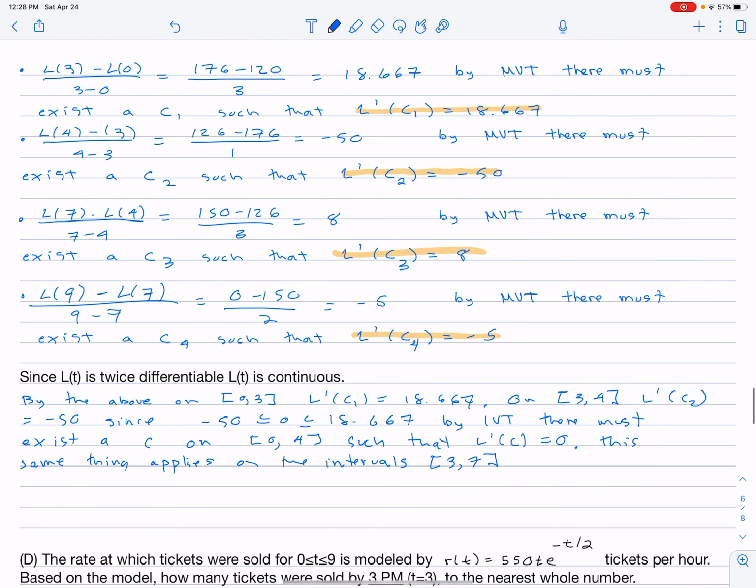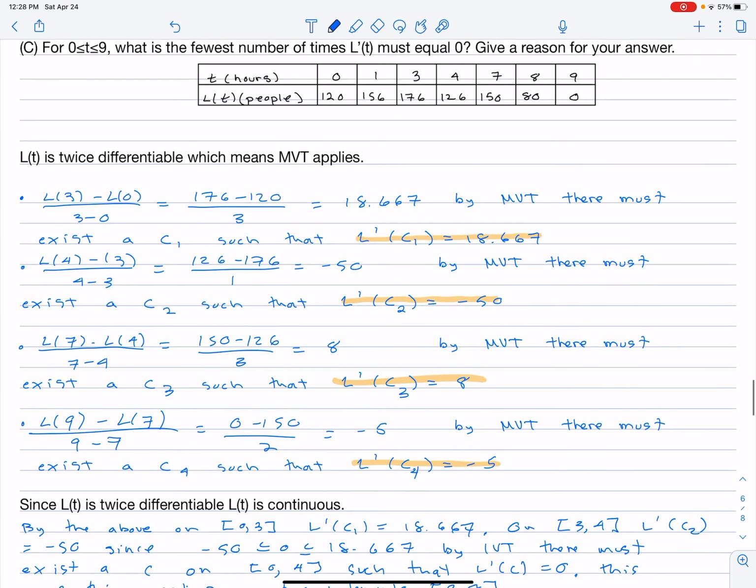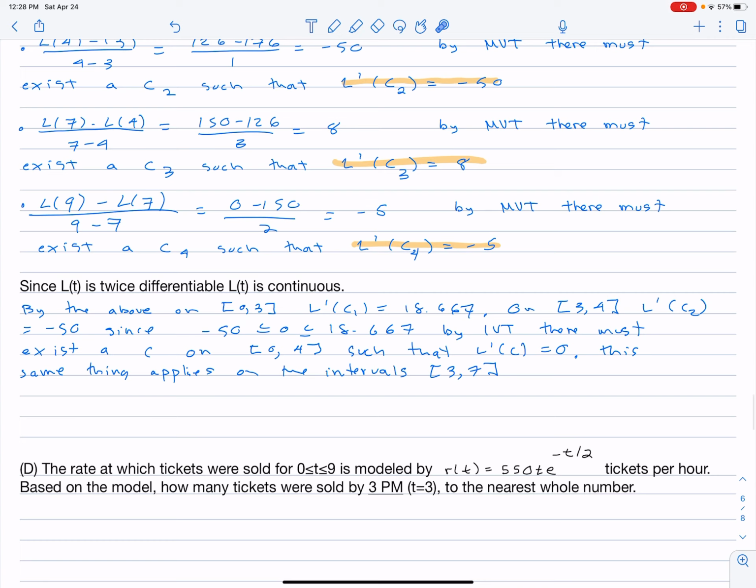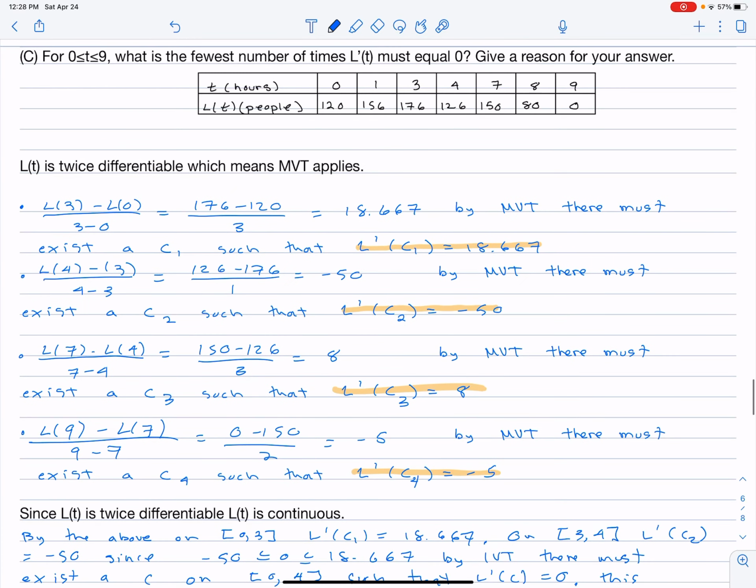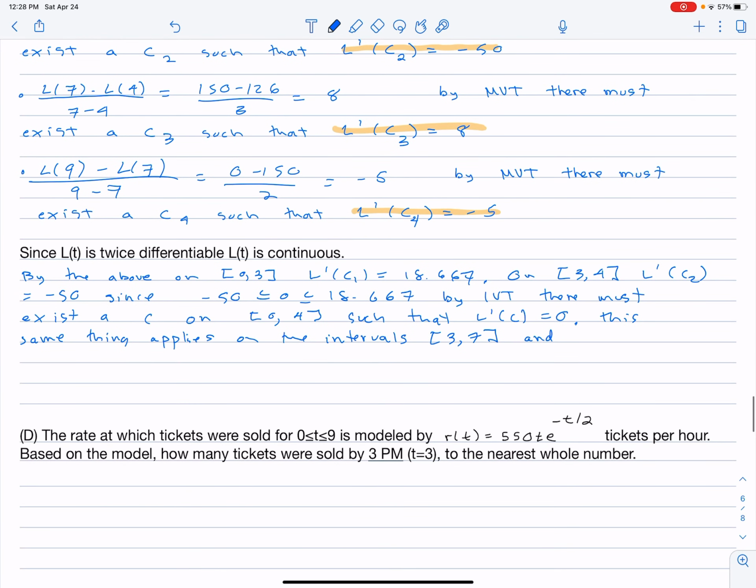Let's just double check it. From 3 to 7, because it goes from decreasing to increasing. So on 3 to 7 and, looks like, 4 to 9.